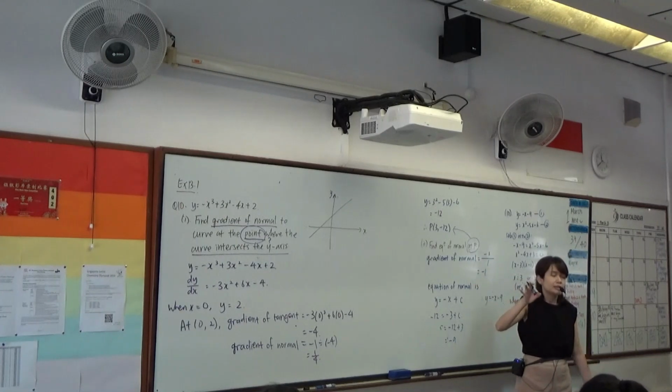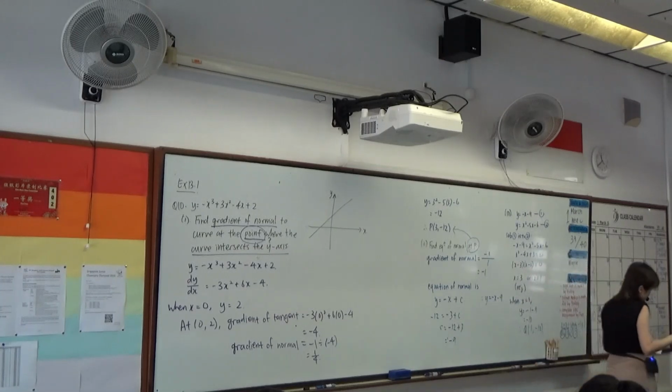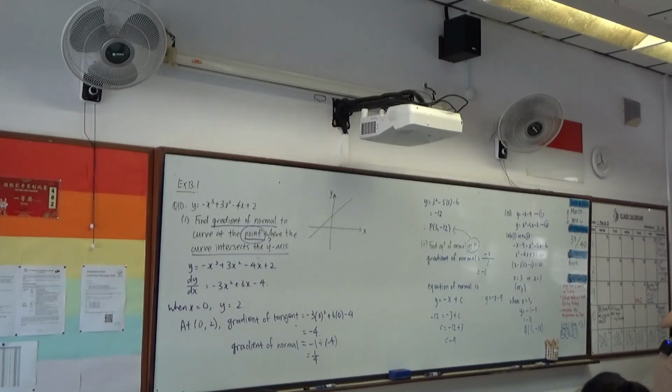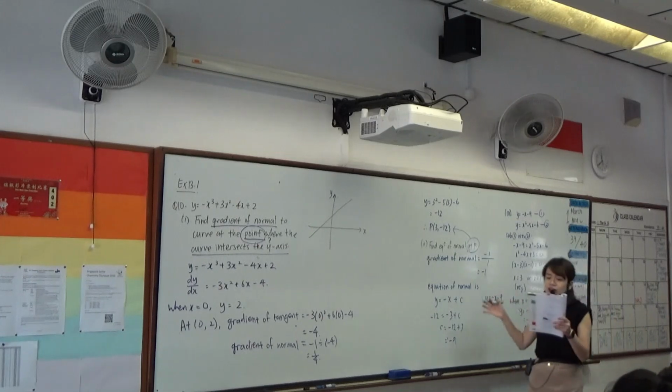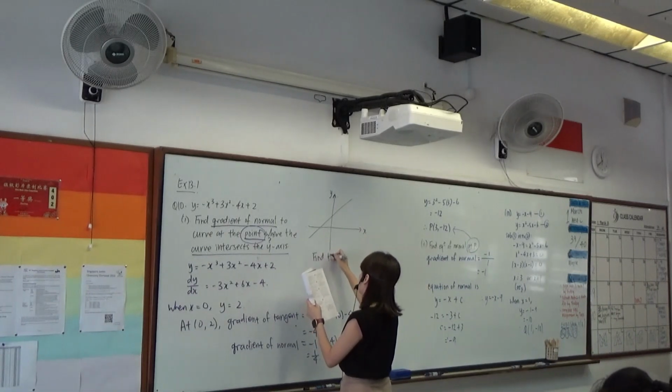Now, what does it mean by the angle? Sorry, let me rephrase this. Normal to the curve meets with the x-axis. Let me write down the question.